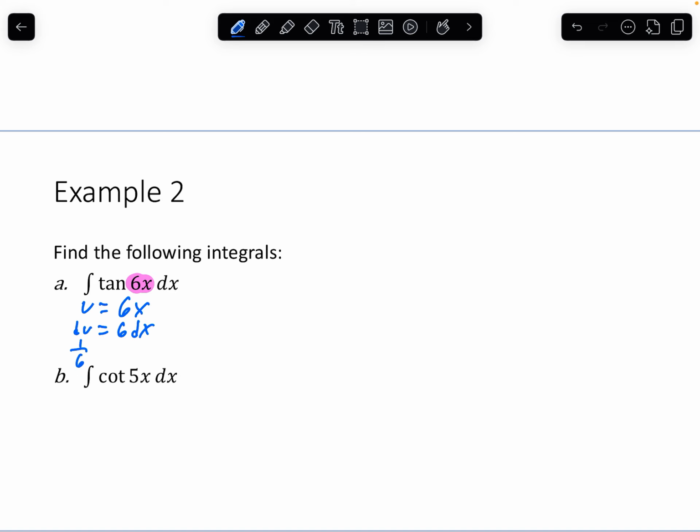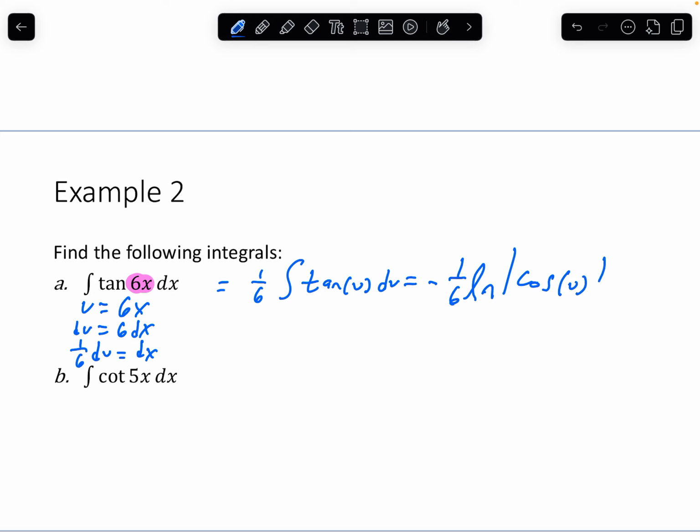This is 1/6 du equal to dx. Applying this makes 1/6 times the integral of the tangent of u du. Applying the formula, this makes negative 1/6 times the natural log of the absolute value of the cosine of u plus c.